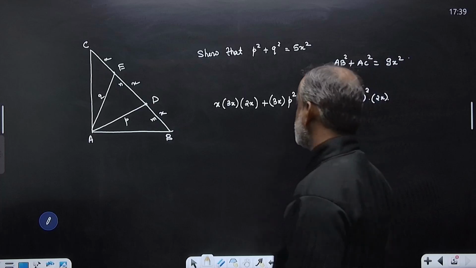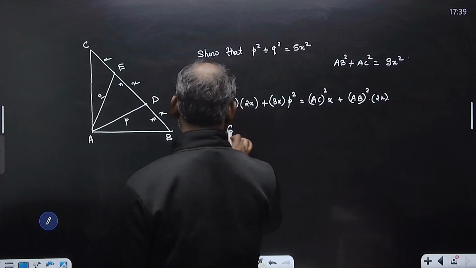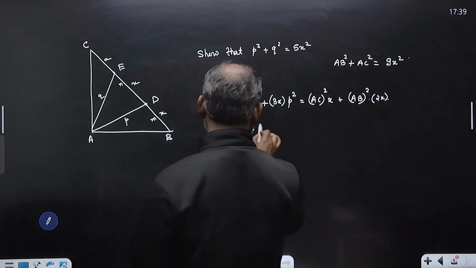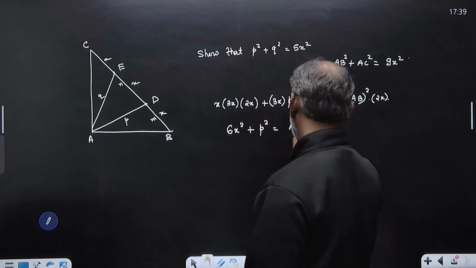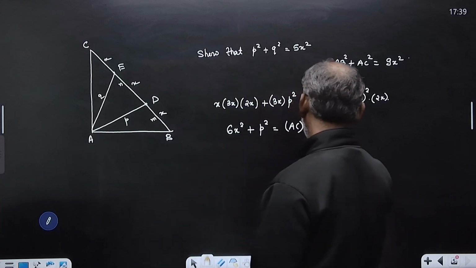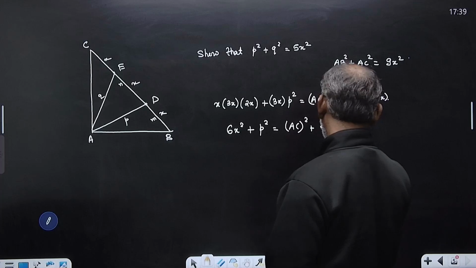So, what do you have? 6x square plus p square is AC square plus 2AB square.